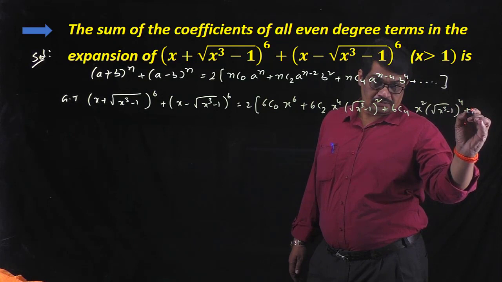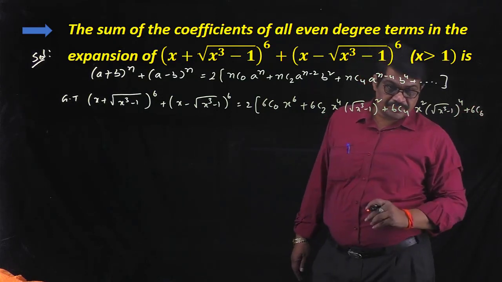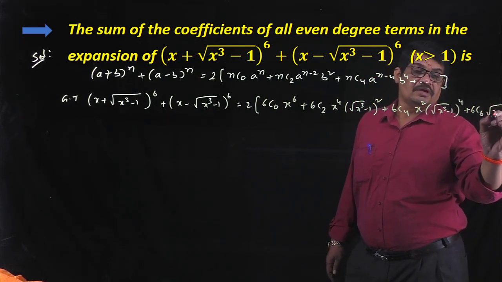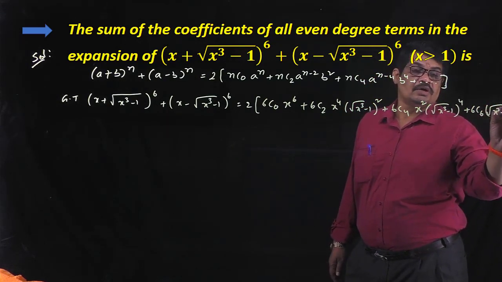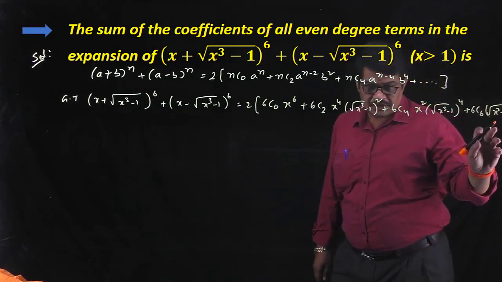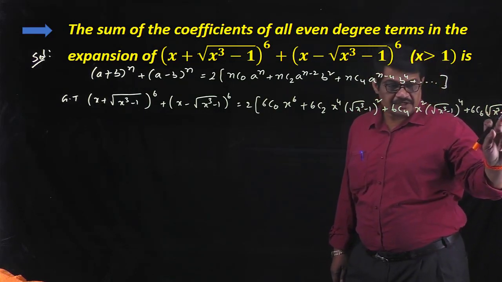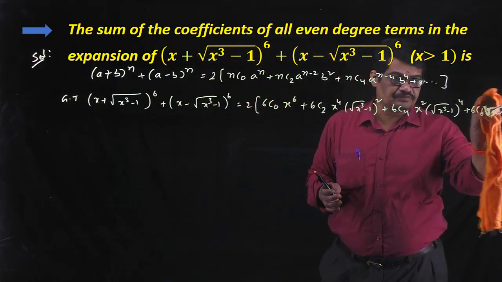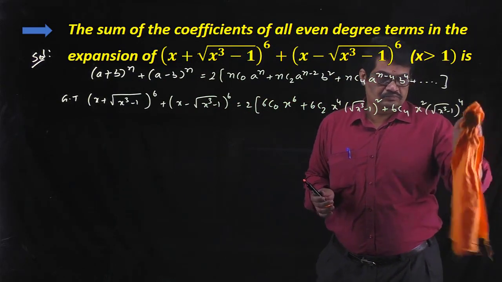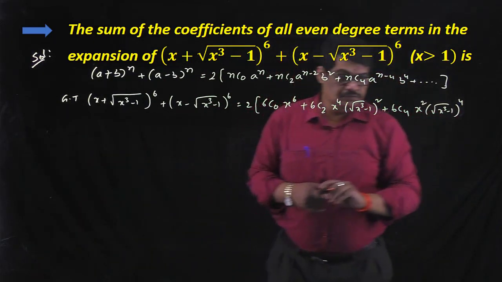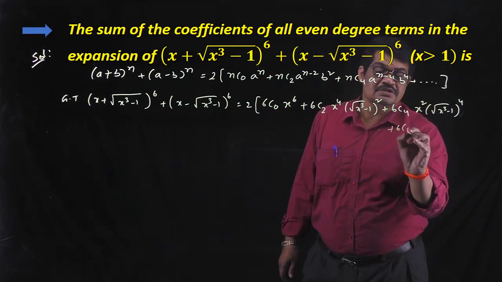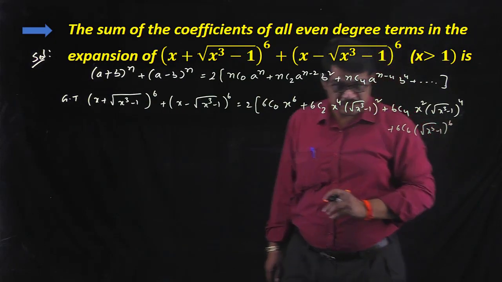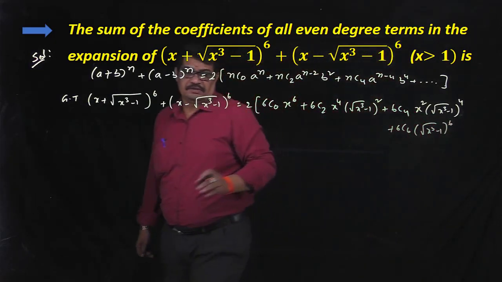Next term 6C6, so x power 0 and second term (x cube minus 1) whole power 6. Okay, now this is the expansion.